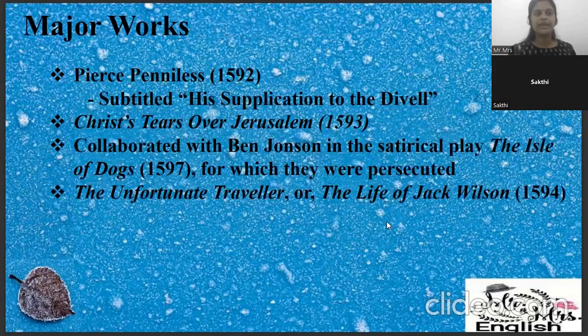Now let's see the major works of Thomas Nash. First of all, Pierce Penniless, in 1592, and there is a subtitle for this work, His Supplication to the Devil. This is again a satire on the seven deadly sins. I told you, during that time many people made the seven deadly sins their content, and this work is a satire on the seven deadly sins.